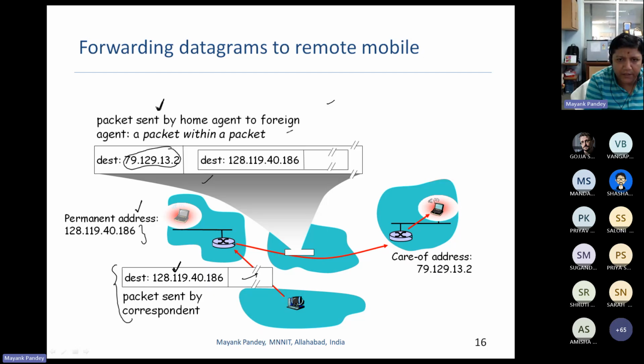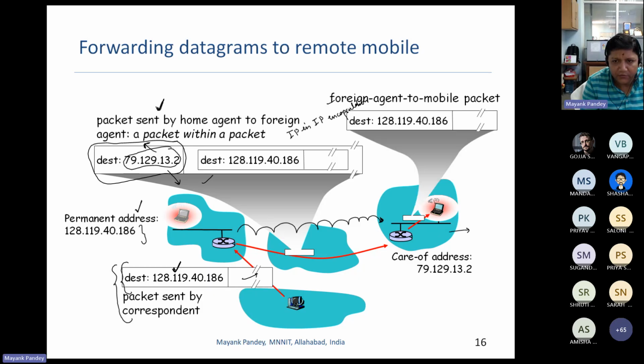There would be IP encapsulation, tunneling. So the packet of the correspondent node would be encapsulated by one more IP header where the destination address would be the care of address. Now using this destination address, data will be routed towards the care of address, which is the address that has been given to the mobile node in the foreign network.